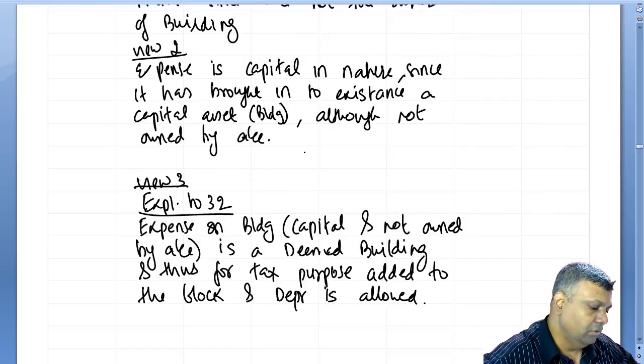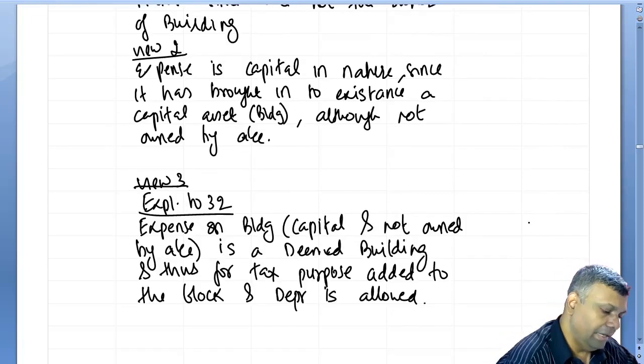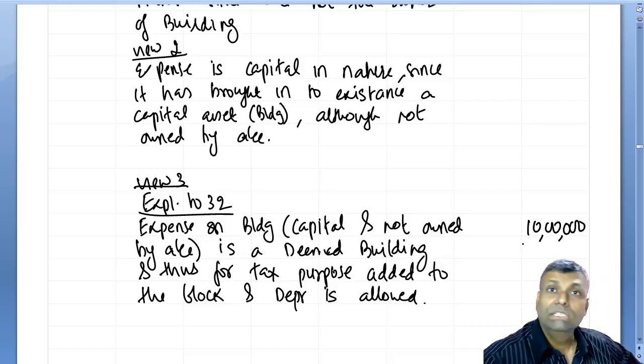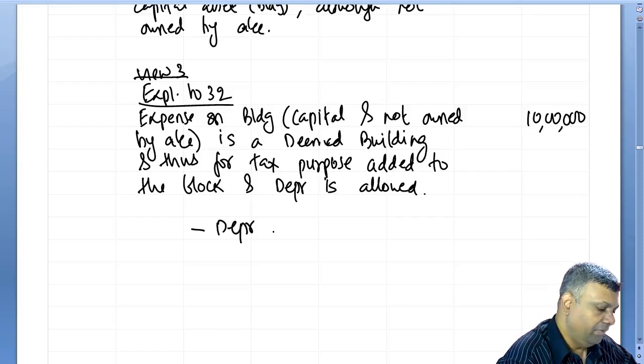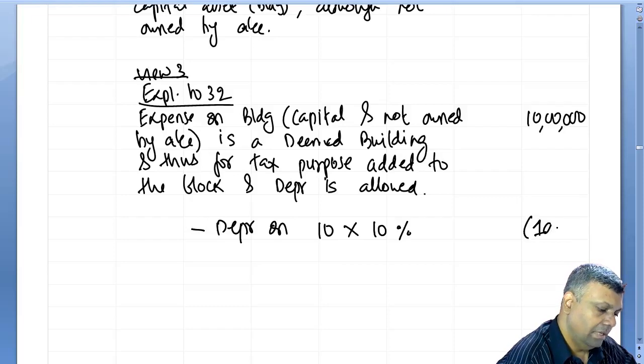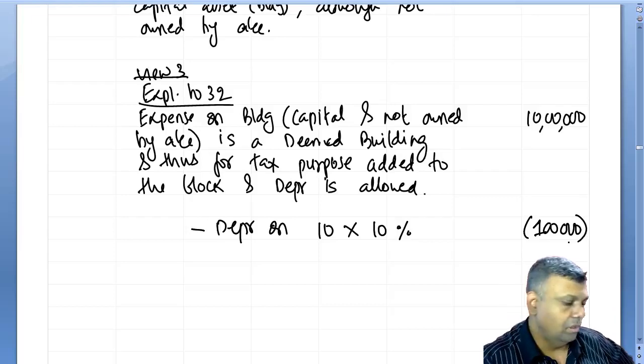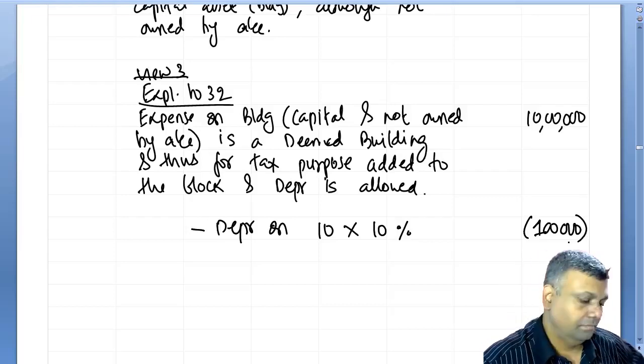Okay, so in view number 3, you have to add rupees 10 lakhs because it is a capital expenditure, and you have to give a depreciation on that. So 1 lakh rupees will be deducted on account of depreciation.